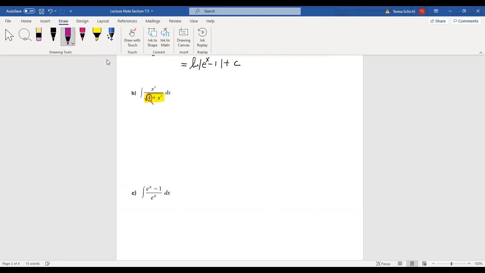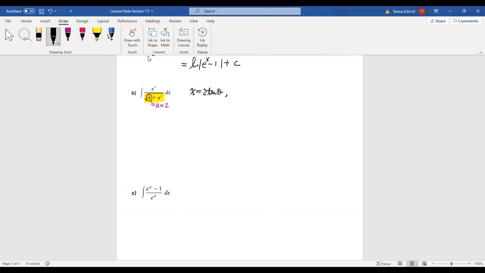That means my a is equal to 2. So I can use the trig substitution for the square root of a squared plus x squared. If you remember the trig substitution, x is equal to 2 tangent theta.